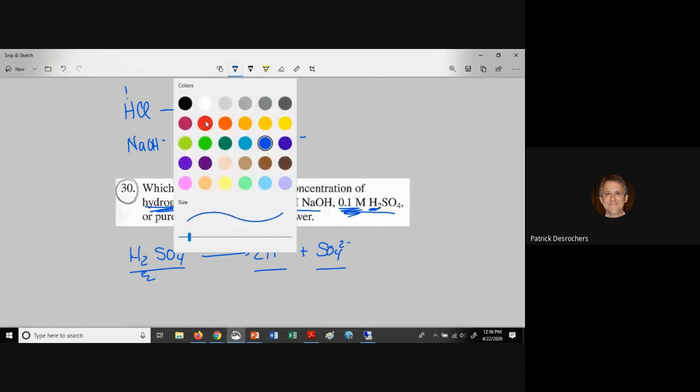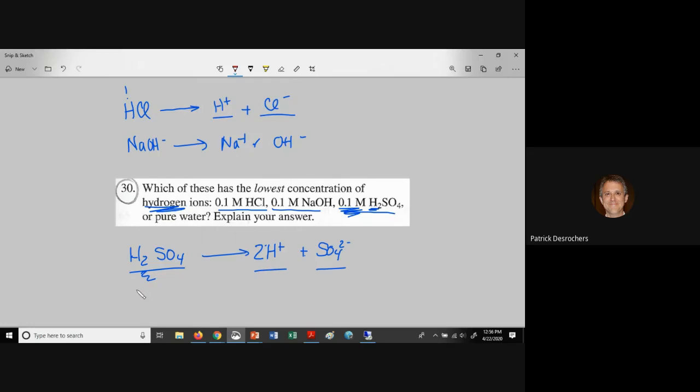So now let's deal with this number right here. Let me change my color. Let's see. I have to think this through. Which of these has the lowest concentration of hydrogen ions? What I have to do is find the molarity of H plus for this guy, whatever it is. Oh, we have to do pure water. We have to compare pure water in our list too.